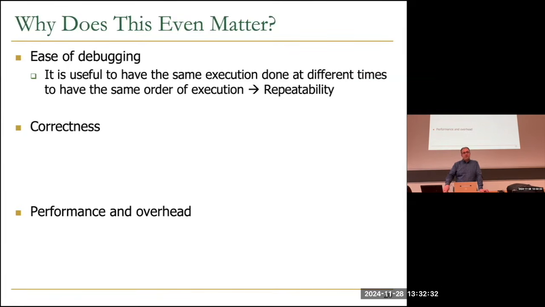There are some works where you record the sequence of memory operations when running in debug mode, and then replay from that record to see the problems. But normally, without that support, you cannot have the same execution done at different times.